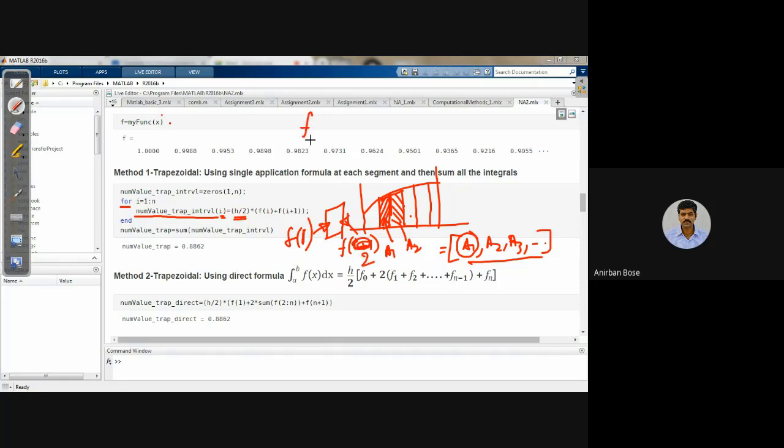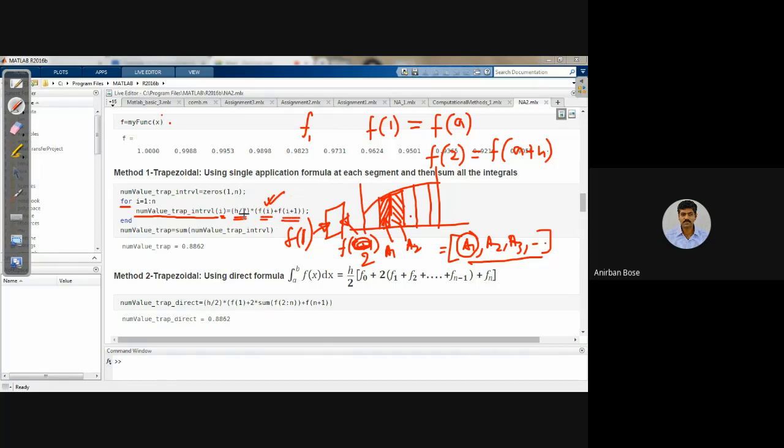Remember, this F1 that is written in the direct formula is different from this F1. This F1 is basically F of a. Okay, F2 is F of a plus h. That means the second value in that element. So basically here, when i is equal to 1, this is F1 plus F2 multiplied by h by 2.